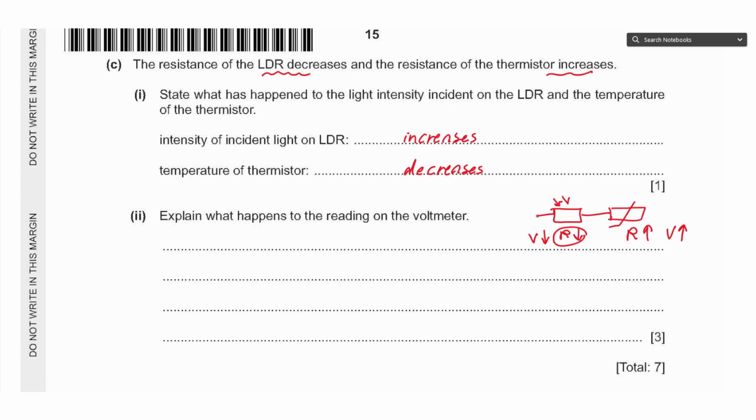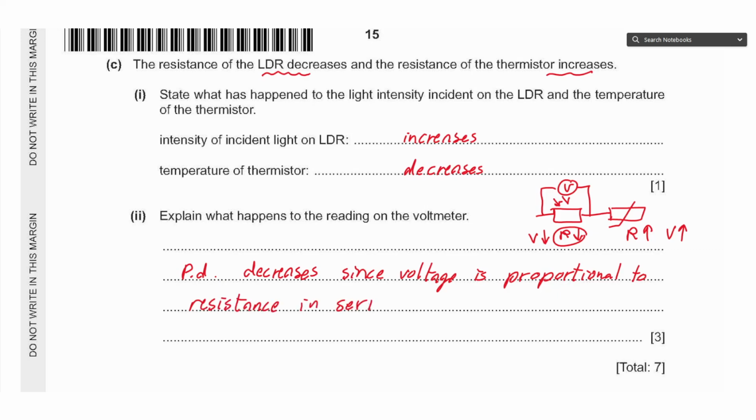The voltmeter was connected across the LDR, so the reading on the voltmeter decreases. We say that the potential difference decreases since voltage is directly proportional to resistance in a series connection, like the potential divider.